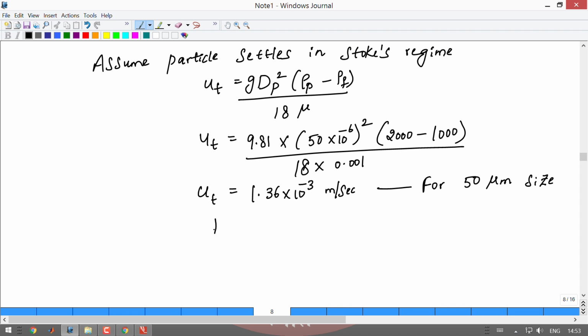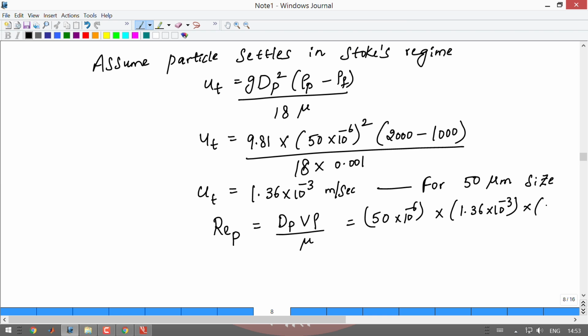Now we will calculate the Reynolds number of the particle for a 50 micrometer diameter particle. So, 50 into 10 power minus 6 multiplied with V, the settling velocity, which is 1.36 into 10 power minus 3, and density is 2000.